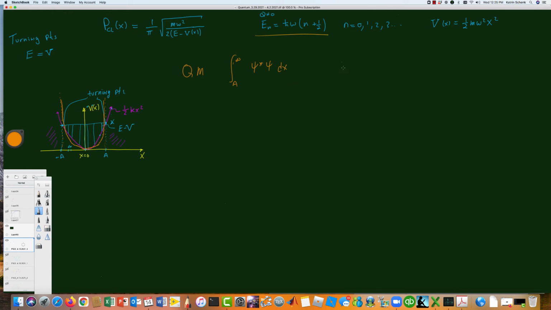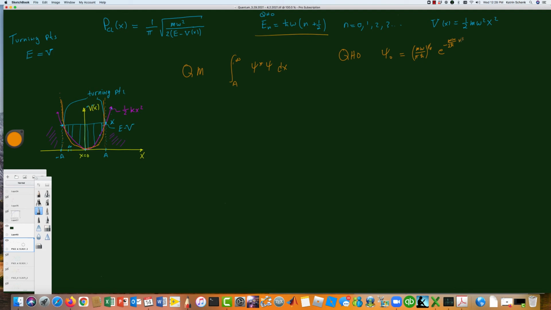What I'm going to do is pick a particular psi for the quantum harmonic oscillator. I'm going to pick psi 0. And we know psi 0 is (m omega over pi h bar) to the 1/4, times e to the minus m omega over 2 h bar, x squared.